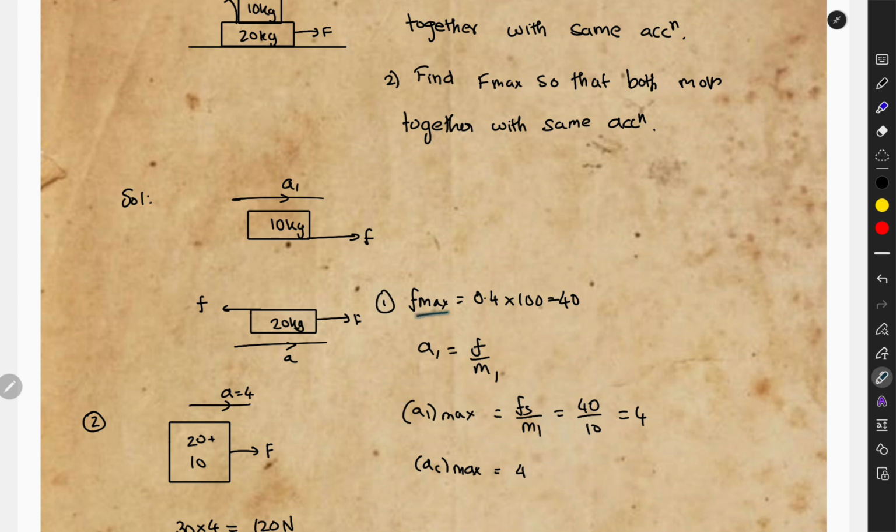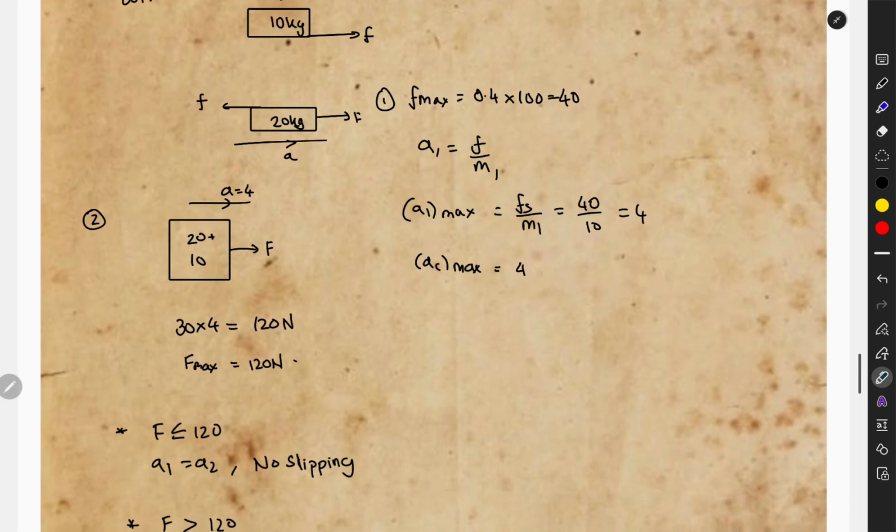So we will apply Fs max divided by mass. Mass in this case is 10 kg, Fs maximum will be 40 newton, so 40 newton divided by 10 kg, and the answer comes out to be 4. And this will be the acceleration for the below block also. So the common maximum acceleration will be equal to 4 meter per second square.